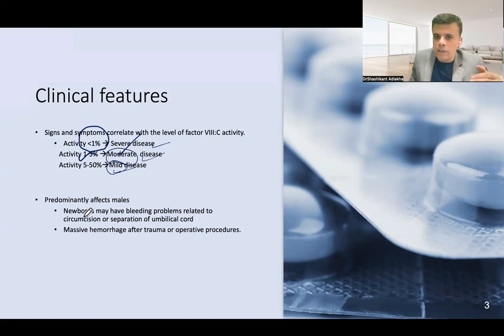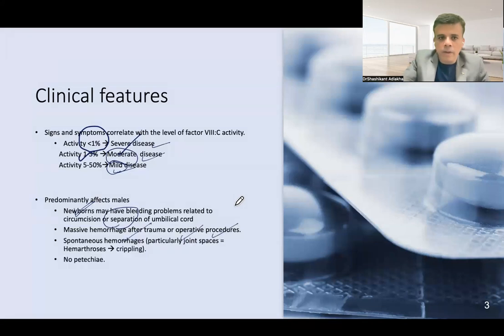Mild to moderate may present a few days later. Newborns may have bleeding problems, such as difficulty with circumcision, excessive bleeding, or separation of the umbilical cord leading to severe bleeding. Massive hemorrhage is seen after trauma or operative procedures. That is a common finding.